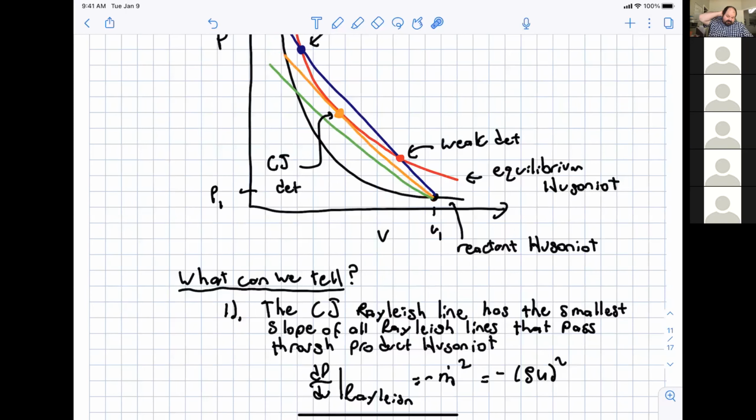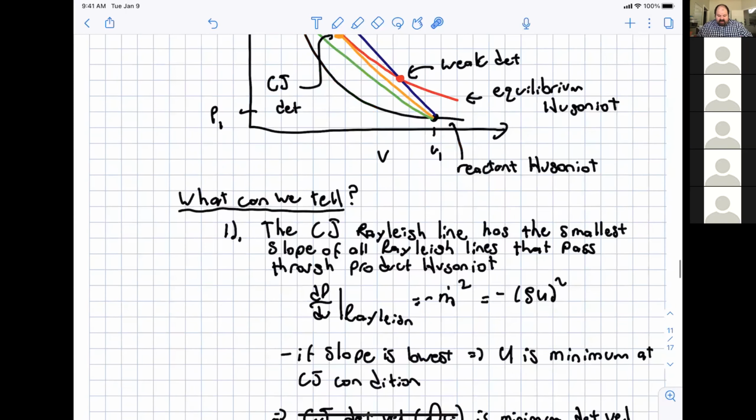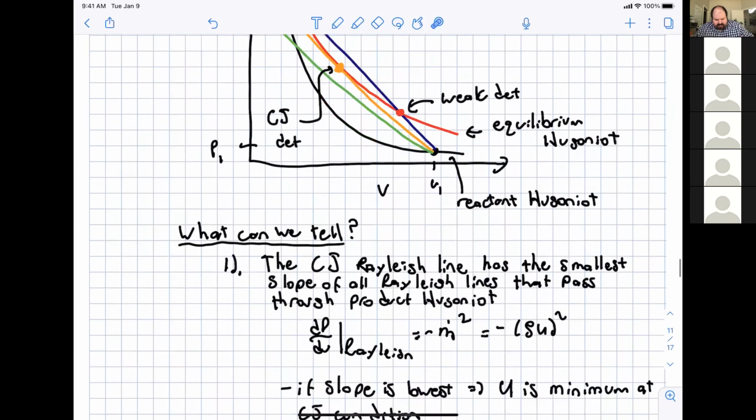So in other words, the mass flux, which is related to the slope of the Rayleigh line, the mass flux of reactants that is being processed by the detonation wave at the Chapman-Jouguet point is the minimum mass flux that can be processed by a detonation.